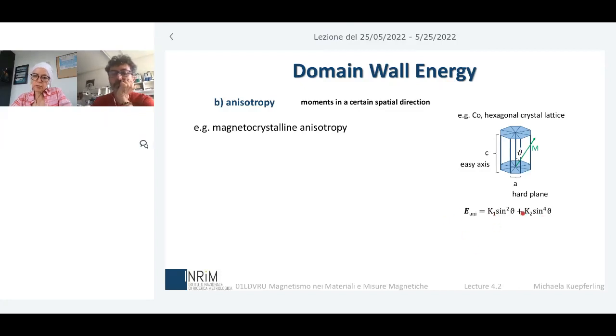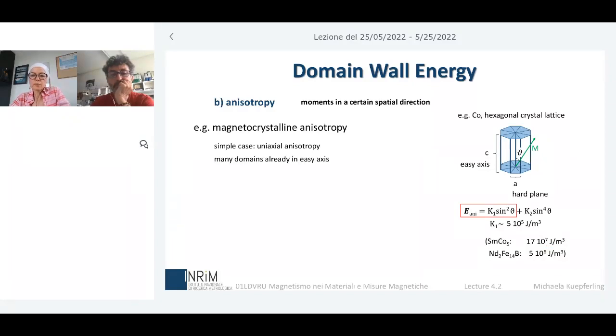Anisotropy energy, as you saw before, can be described in this way, and we simplify it by considering K1, the anisotropy constant, which in this case would be about 5 times 10 to the 5 joule per cubic meter. This is just to give you a feeling about the numbers. In a very strong hard magnetic material, this would be 70 times 10 to the 7 joule per cubic meter, as for example in the case of samarium cobalt 5.